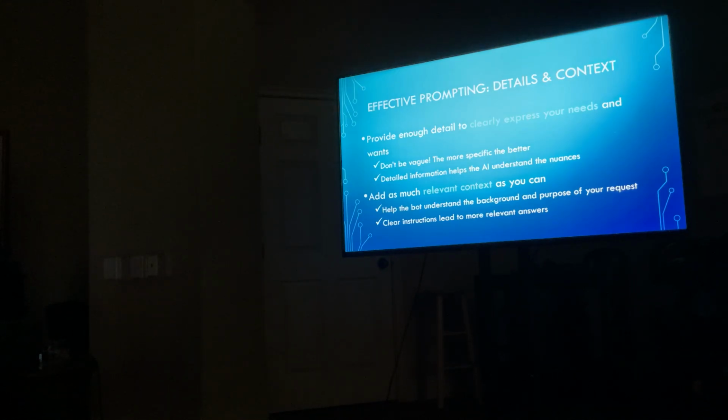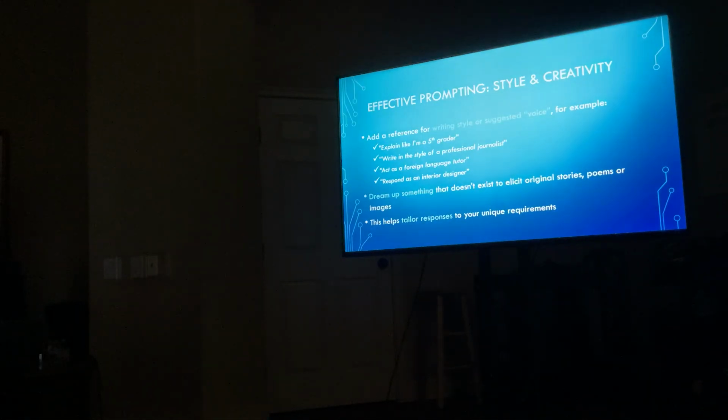You got to provide enough detail. Don't be vague. Let it understand what the background is, what the context of what you're asking is. Like I did with the group here of retired people who want to know something about, give it some background, give it some information. You can have it reply to you in a voice. I think I said, use a jovial voice, in other words, friendly, nice, easygoing.